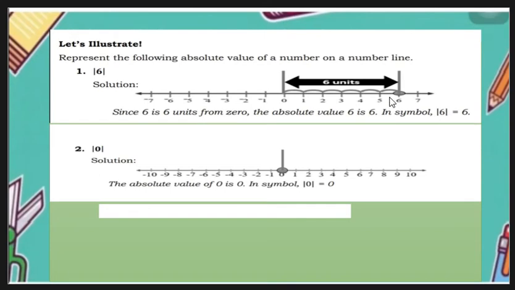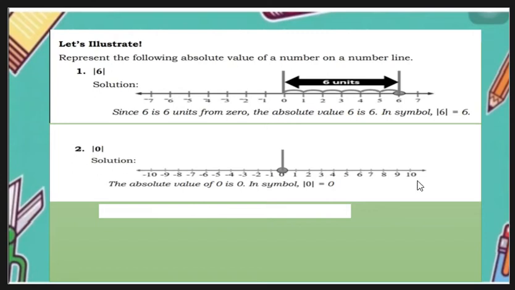Since 6 units from 0, the absolute value of 6 is 6. So this is the symbol, is equal to 6. 6 units, therefore we have the 0. So count, we have 1, 2, 3, 4, 5, 6. So 6 units.